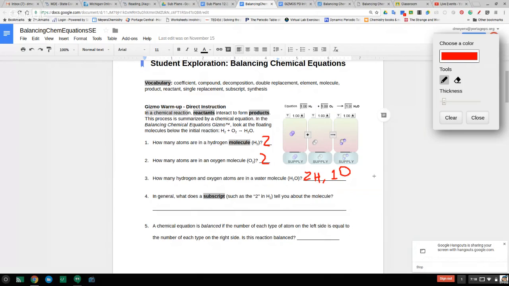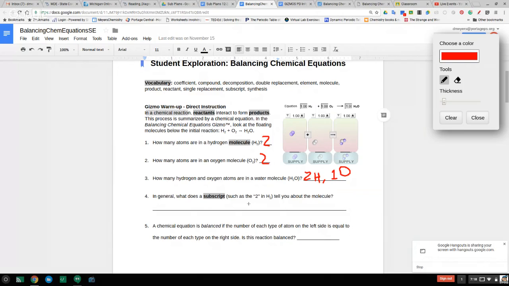Okay, so a total of 3 atoms there, 2 hydrogen, 1 oxygen. So then in general, what does a subscript such as the 2 in H2 tell you about the molecule? Well, as we indicated above, it tells you how many of the atom there are. So the 2 in hydrogen tells us how many of the preceding or coming before atom there are, which is 2 H's.